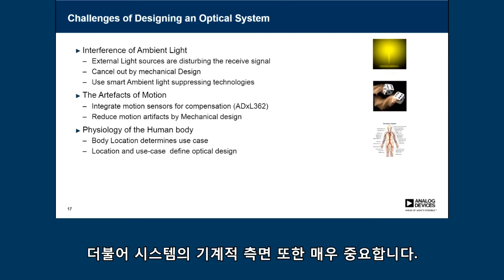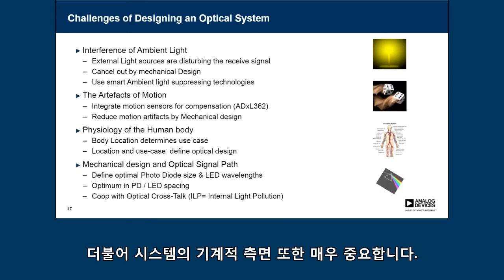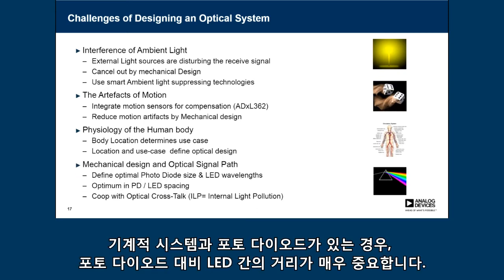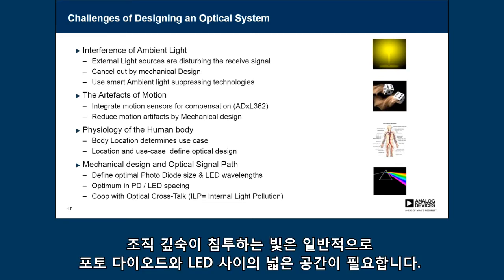And then last but not least, if you have a system, mechanical aspects are very important. If you have a mechanical system and you have a photodiode, the distance between the LEDs and the photodiode is very important. Light that penetrates deep into the tissue usually also needs a wider spacing between photodiode and LED.